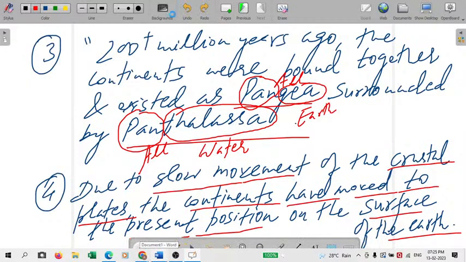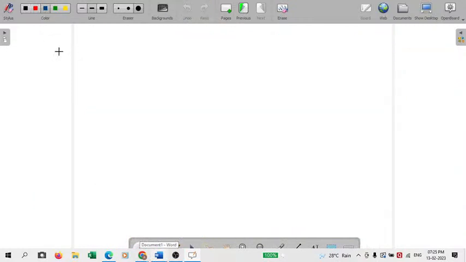Number 5 and last. The number 5 argument as given by Alfred Wegener was that. अब यही वो आर्ग्यूमेंट है जिससे कंट्रोवर्सी और ज्यादा बढ़ गई थी, ठीक है ना?